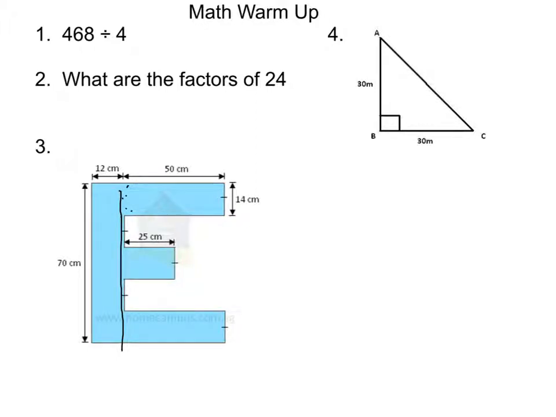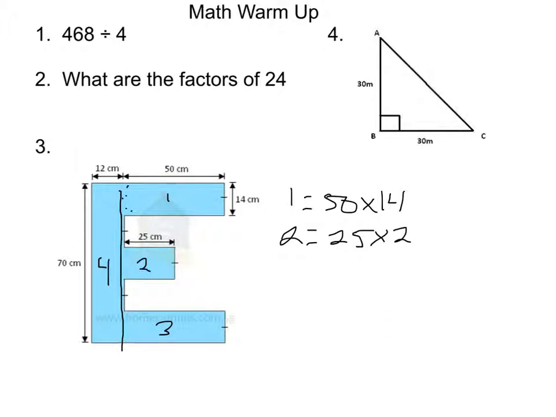I've gone ahead and dropped the line to carve out my rectangles. So now we have 1, 2, 3, 4 different rectangles. So let's find the area of each one. That's 50 times 14. Rectangle 2 is a square, so that's 25 times 2.